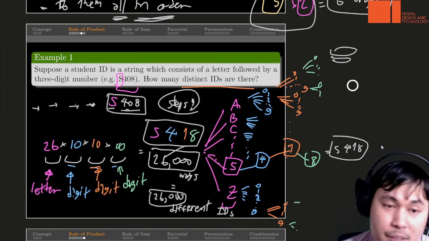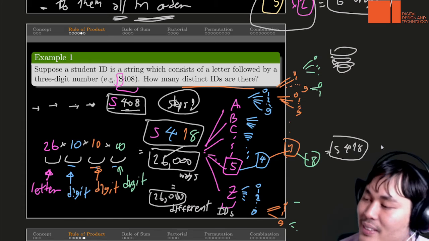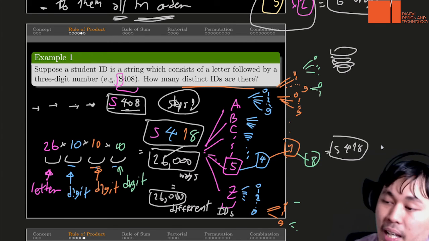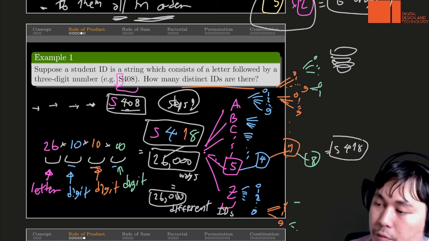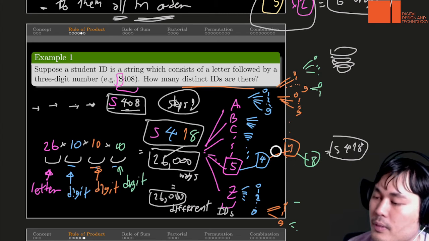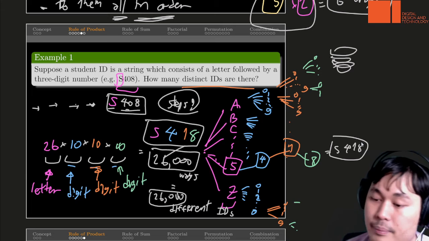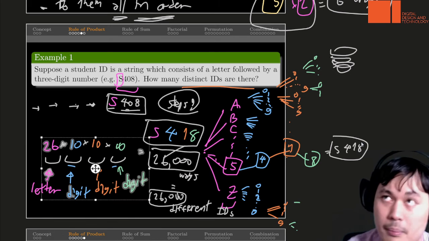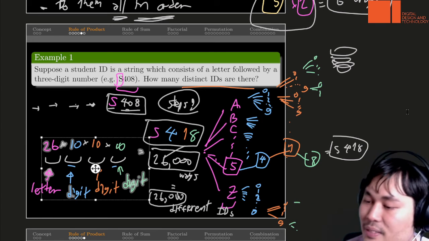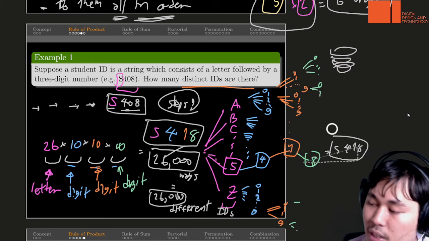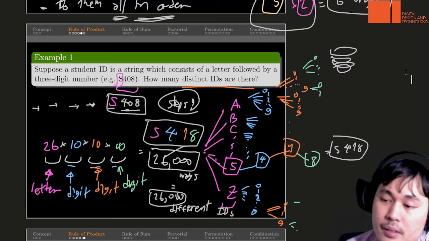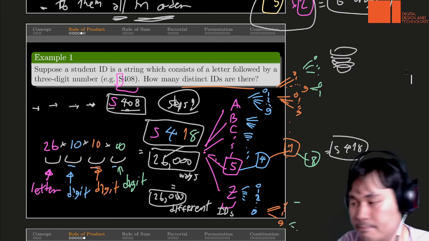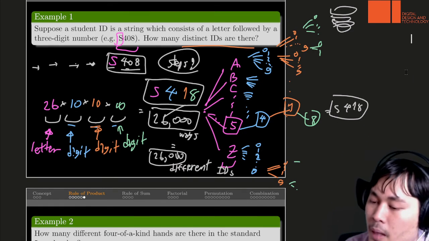And if you have enough space, you can list all the leaves, list all the possible IDs. So that's the first example. It's about the tree diagram, about how you make your own node, and how you would interpret a single result of these arrangements or of this product.